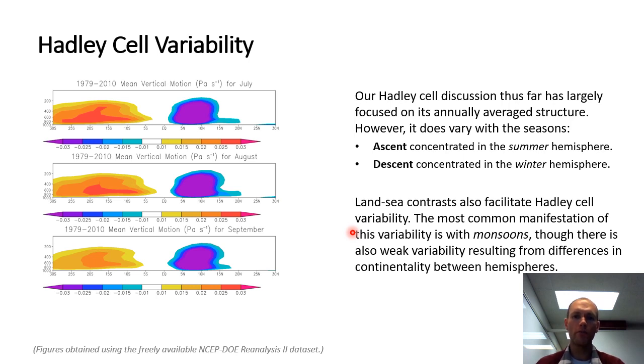So where it is warmest tends to be where the ascent is maximized. There's all different time scales, all different forms of variability in that structure, however, and that's really what the next several weeks of our course material will focus on, is variability in that structure. But for now, this concludes our discussion of the Hadley cell circulation.